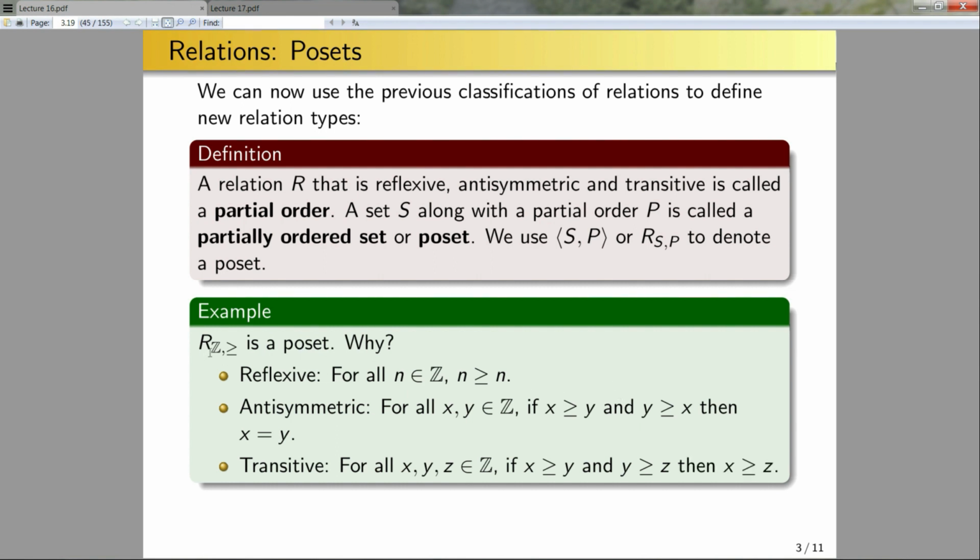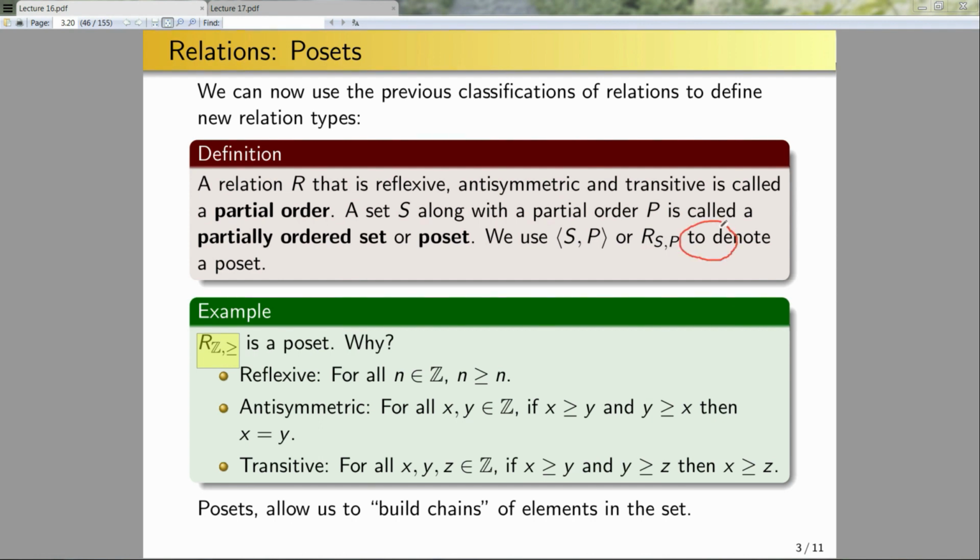So thus, since R sub Z greater than or equal to satisfies all of these properties for all of the elements in Z, this is a poset. One thing to note, posets allow me to build chains of elements. Here the chain's kind of trivial.